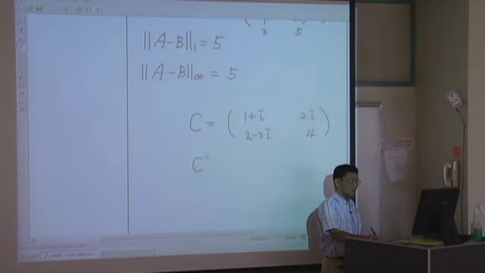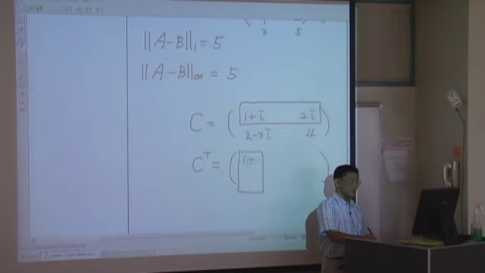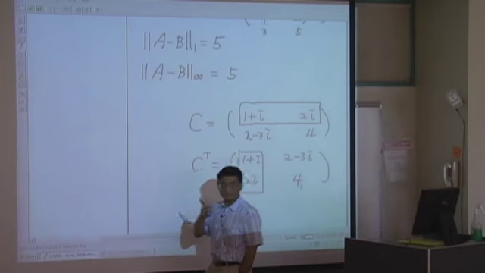When you transpose a matrix, the first row becomes the first column. So what is it? 1 plus i, 2i. And the second row becomes the second column, and so on. This is the definition of the transpose.